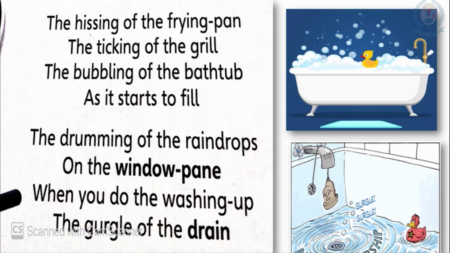The food is ready. The bubbling of the bathtub as it starts to fill. See, there's a picture of the bubbling of the bathtub. Then you can get a clear idea. Now read the verse again and tell me how many sounds are there?